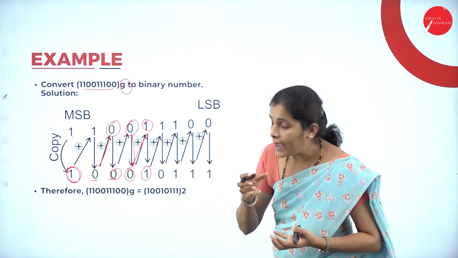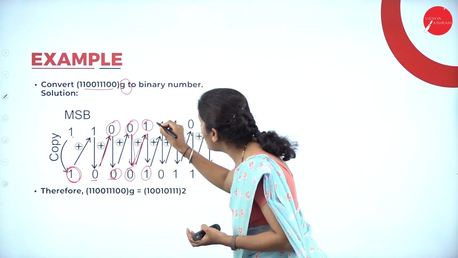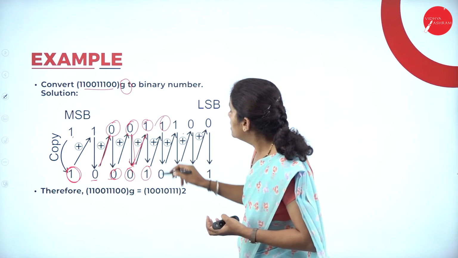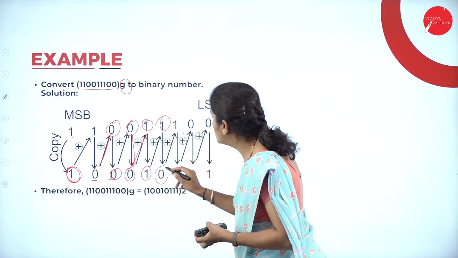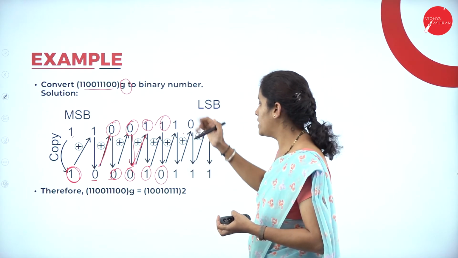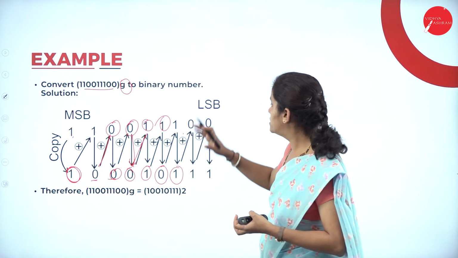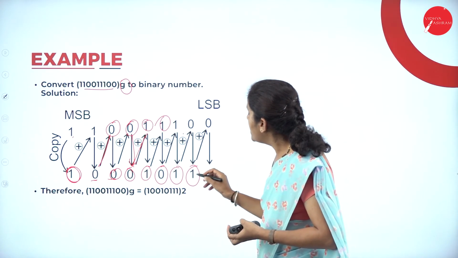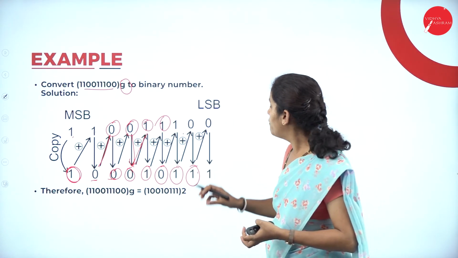Now I'm going to XOR binary value 1 with the gray value 1. I'm going to get the result 0. Now I'm going to XOR 0 with 1, I'm going to get 1. If I XOR 1 with 0, I'm going to get the result 1. If I XOR 1 with 0, I'm going to get the value 1.